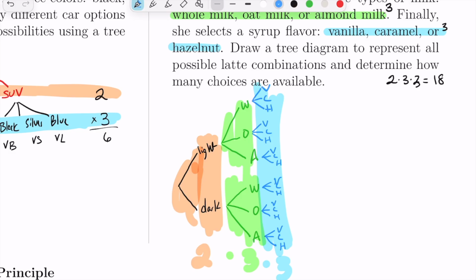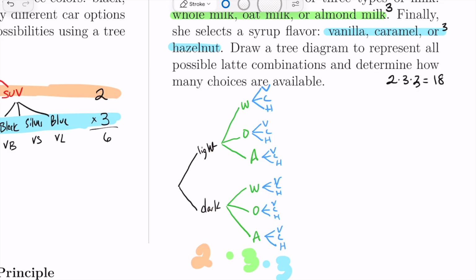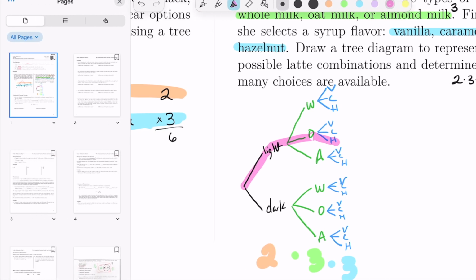Now, when you look at this, you're like, okay, tree diagrams, they get a little bit messy. Yeah, they do. Because you can follow any of these branches and be able to find one of your possibilities, right? If you were to follow, I'm going to choose light coffee with oat milk and then hazelnut. Okay, that's one possibility.